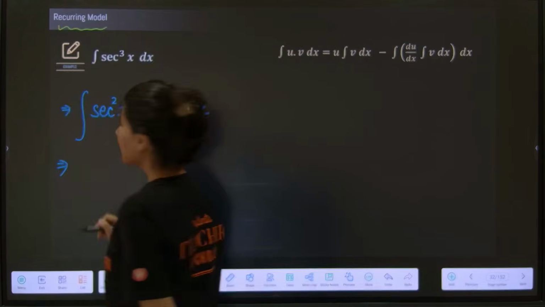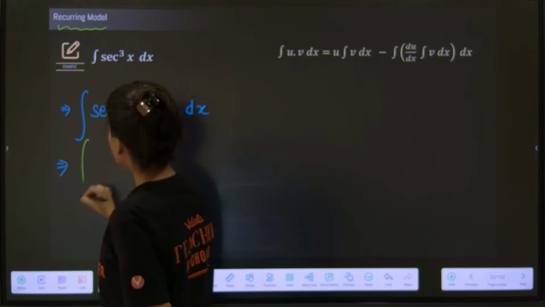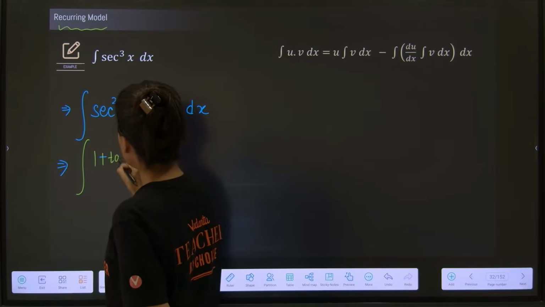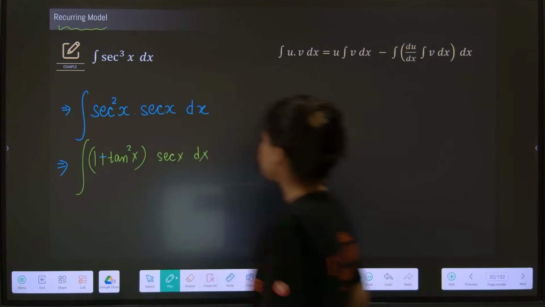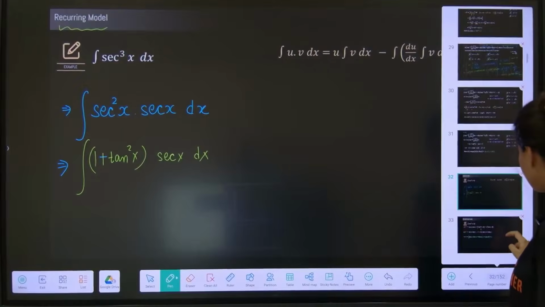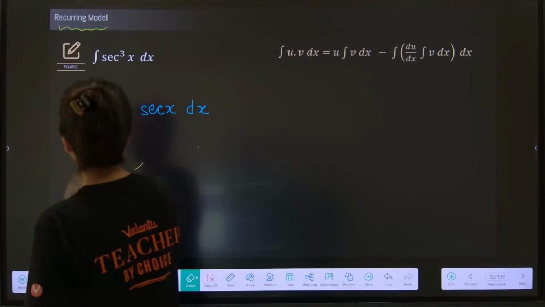Okay. Sec square x. What is sec square x? 1 plus tan square. So 1 plus tan square x and sec x dx. Actually not like that, sorry.